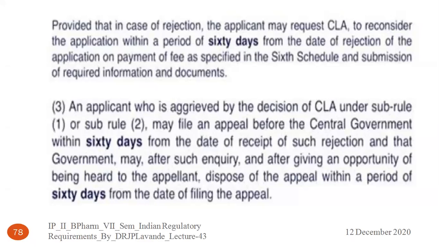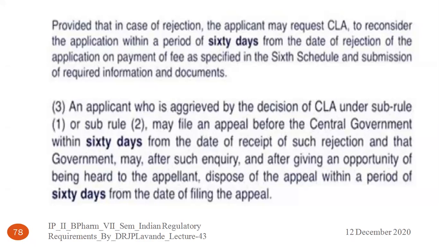Next, an applicant who is aggrieved by the decision of the CLA, Central Licensing Agency, under Sub-Rule 1 or Sub-Rule 2 may file an appeal before the central government within 60 days from the date of receipt of such rejection.